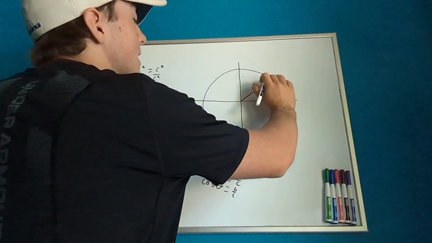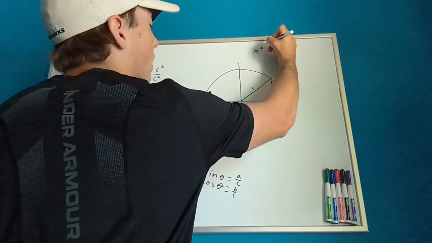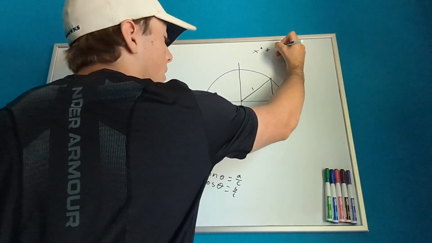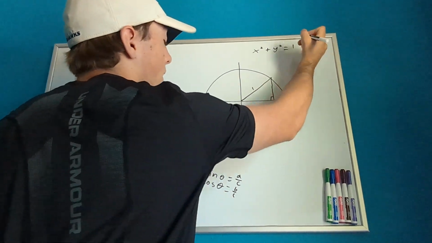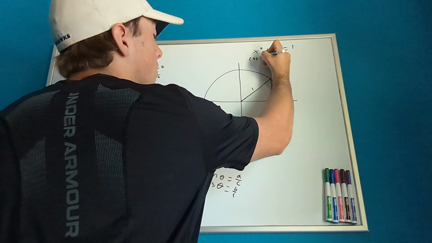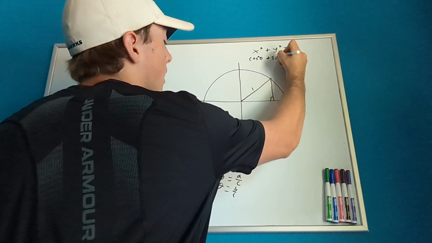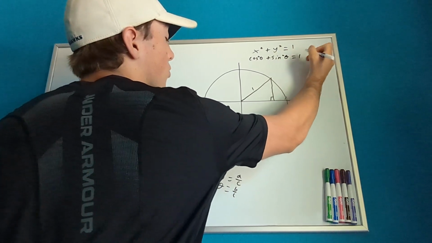When we're finding distance, or the hypotenuse of a point, it's x squared plus y squared, which in this case equals 1. We know x is cosine of theta, so cosine of theta squared plus sine of theta squared equals 1.